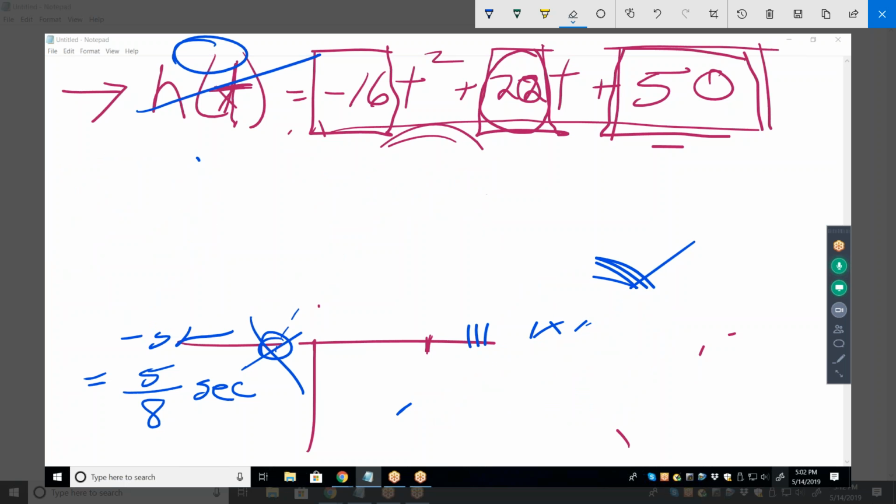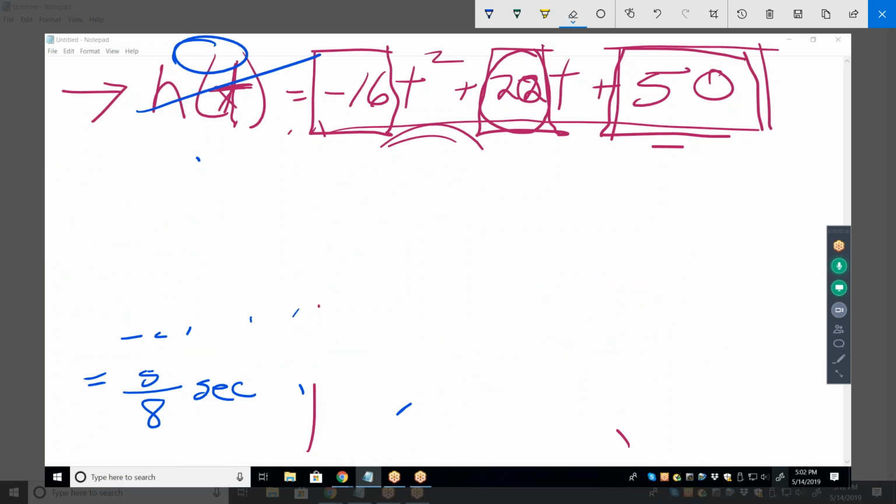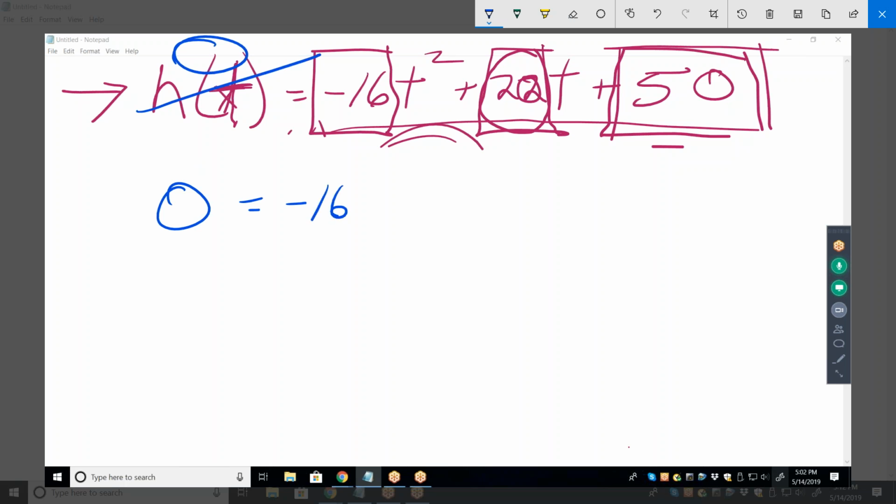And we basically just have a quadratic that's got to be solved. We know the height has to be 0. Okay. So how do we solve that quadratic? Now the first question you always have is, can I factor it?